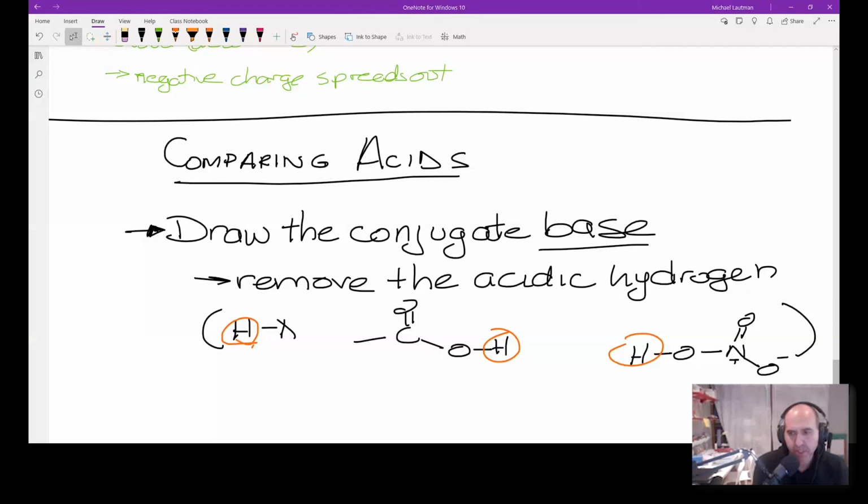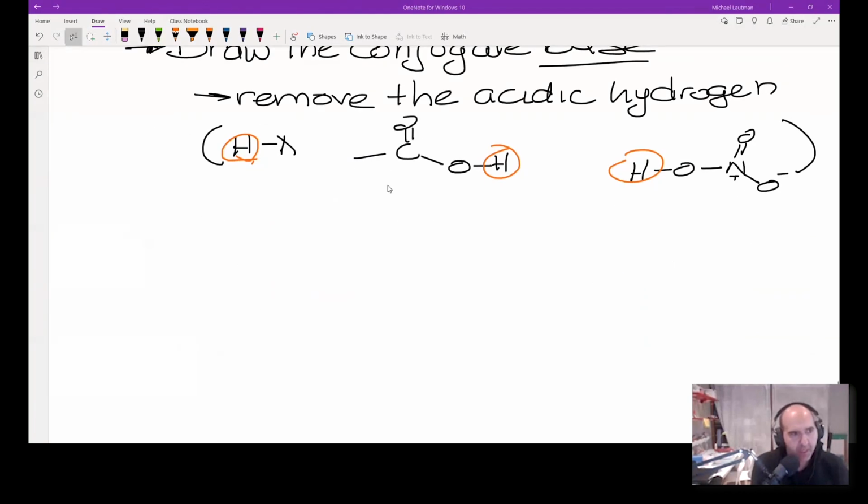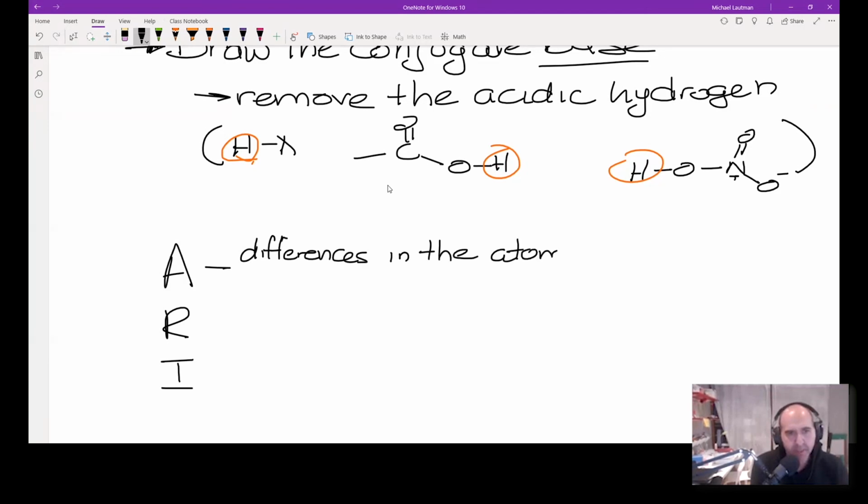And so that's the first thing: draw the conjugate base. And then we do the ARI. And it's always about differences. First, differences in the atom carrying the charge, and it's the atom, right?